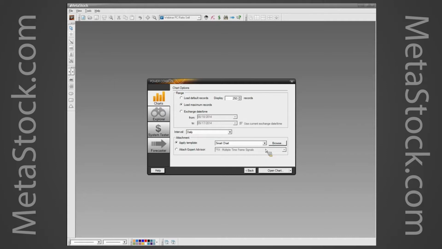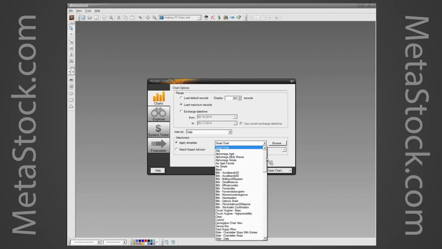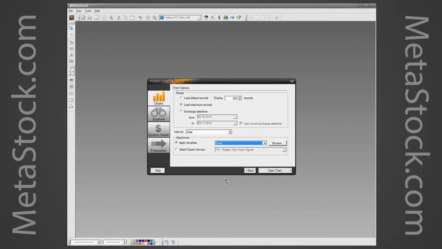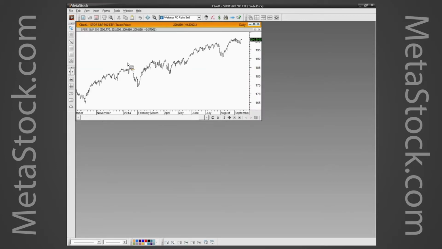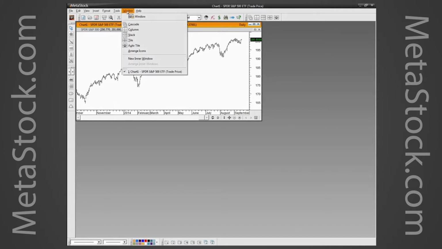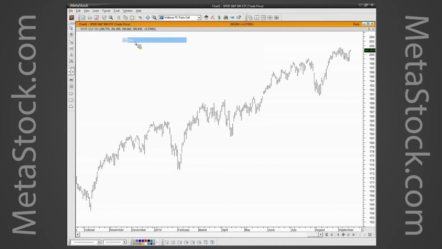I'm just going to open that up with a clean template. I'm going to tile that so we can see it better now.